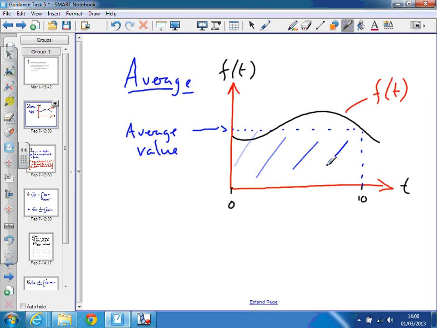So in other words, to find the average value, we integrate across an interval, in this case between 0 and 10, or it could be between x1 or t1 in this case and t2. Integrate between limits to get the whole area under the curve, and then divide the answer by that interval, t2 minus t1 in this case, say, and that will give us the average value.